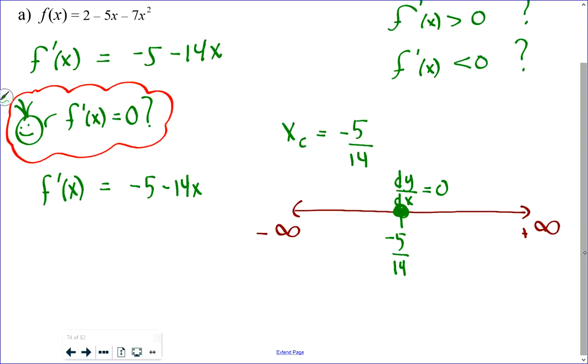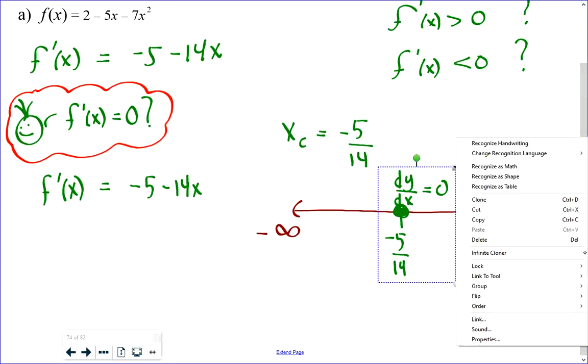And I want to spend some time talking about the logic of what we're about to do. First of all, resist the urge to think of this graph and what it looks like, okay? Because I know we can answer it quite easily by looking at the function, but that won't always be the case. So, let me just move something.